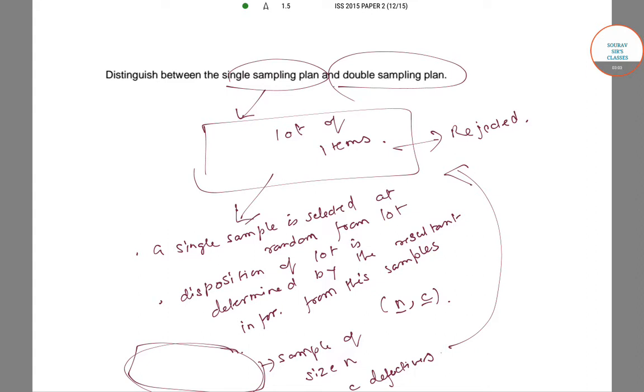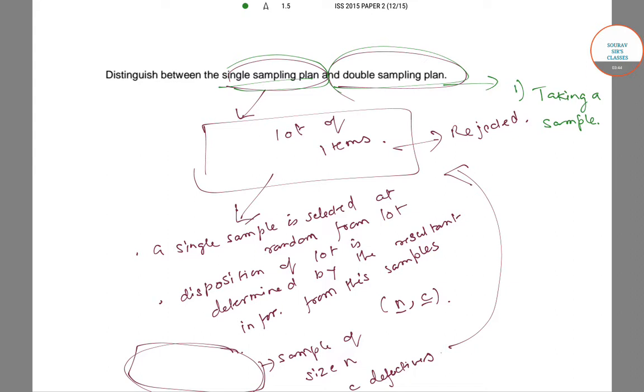Next is double sampling plan. It is one step added to the single sampling plan. In the same way, we take a single sample. Step 1 is taking a sample, and based on this sample, we test whether the lot is accepted or not, in the similar way as we have done in single sampling plan.